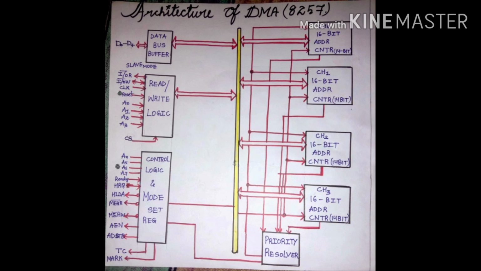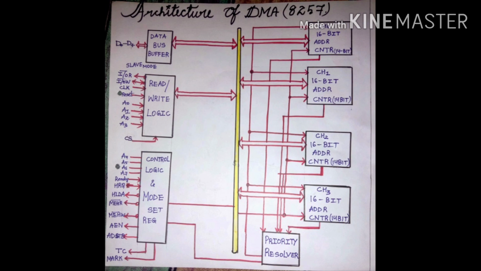Here DRQ0, DRQ1, DRQ2, DRQ3 are the 4 individual channels of the DMA. These are request inputs coming from the peripherals to the DMA controller, so a total of 4 requests can be given at a time. DRQ0 has the highest priority and DRQ3 has the lowest priority.